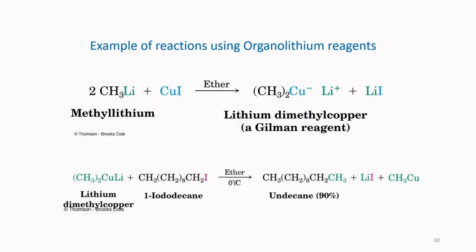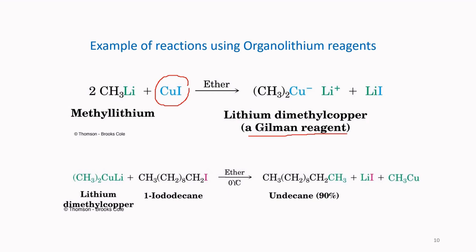Here are some examples of reactions in which we can use organolithium reagents. The first one here is when we have methyl lithium, for example, and we react it with copper iodide in ether, it can give us lithium dimethyl copper, which is a Gilman reagent.